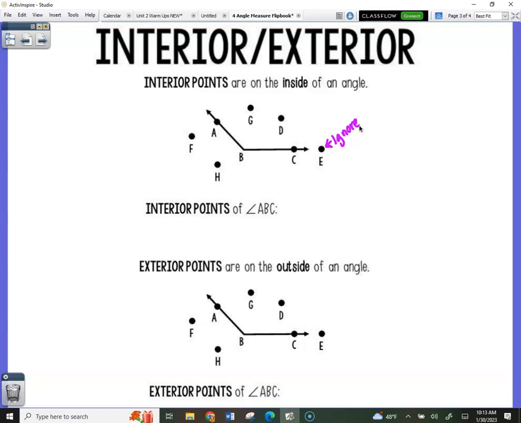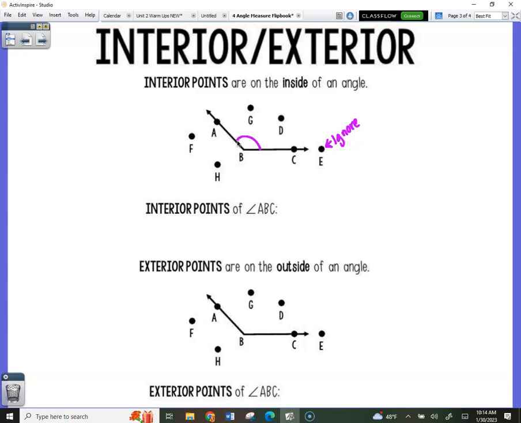So we're ignoring E, okay? In my opinion, I can't even tell you what E is because it's conveniently lined up with ray BC, and so we're just ignoring it. We'll never have any like that. Okay, so the angle itself is from one ray to the other, and think of light. It's projecting in that direction, right?